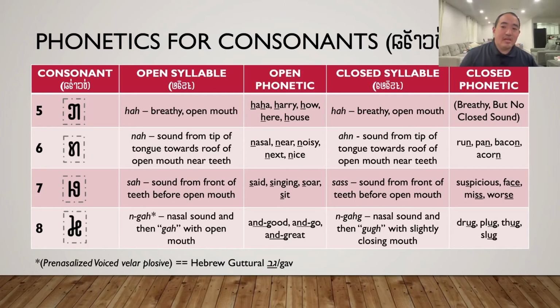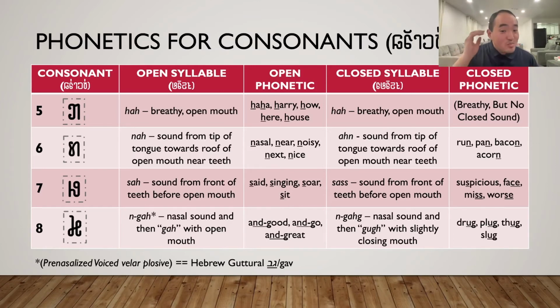If anyone knows about the IPA, the International Phonetic Association, that's how they categorize it for people who want to learn languages. This one is very closely related to the Hebrew guttural, or throat sound, gav.